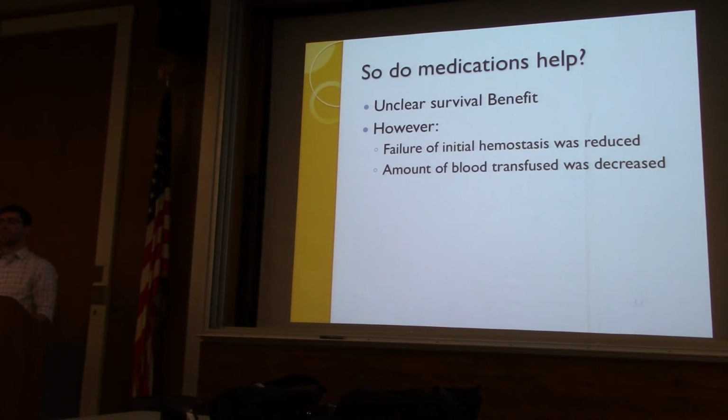But it's an unclear benefit as to whether or not these medications help. They do show less failure in hemostasis, and they also decrease the number of blood transfusions. But I think it was the 30 and 120-day mortalities that were studied, and there was no difference in patients who had medical therapy over not.